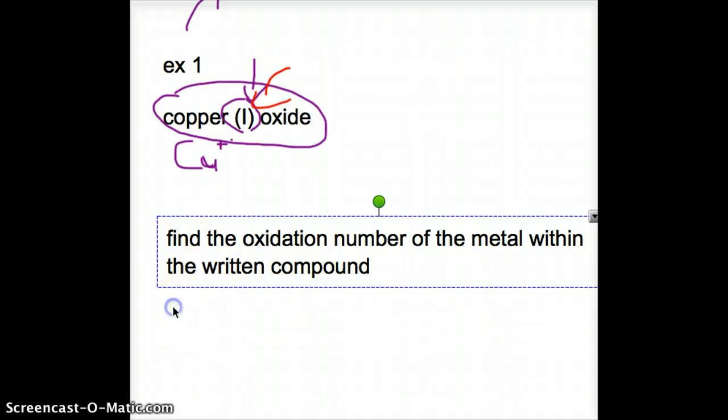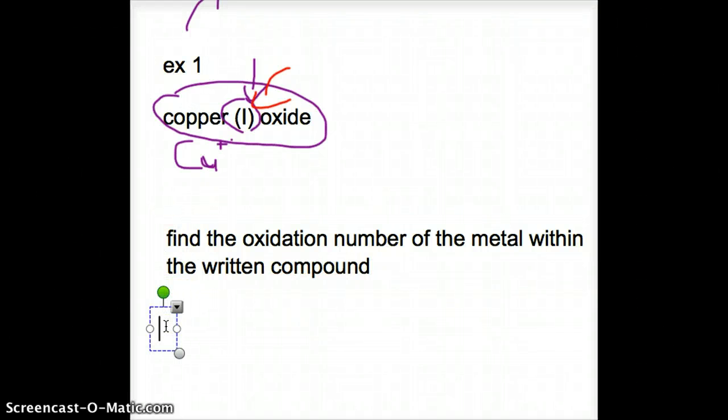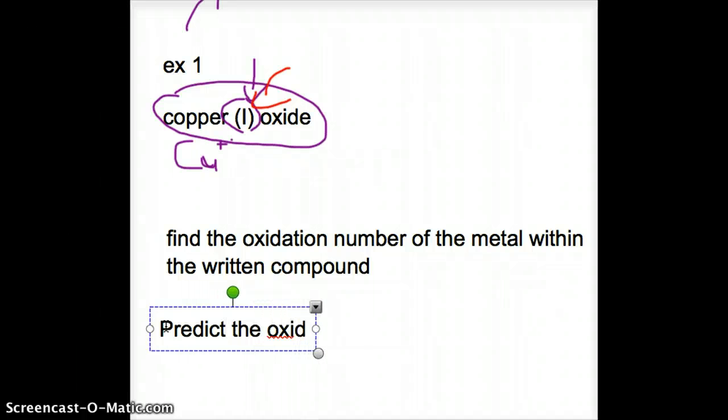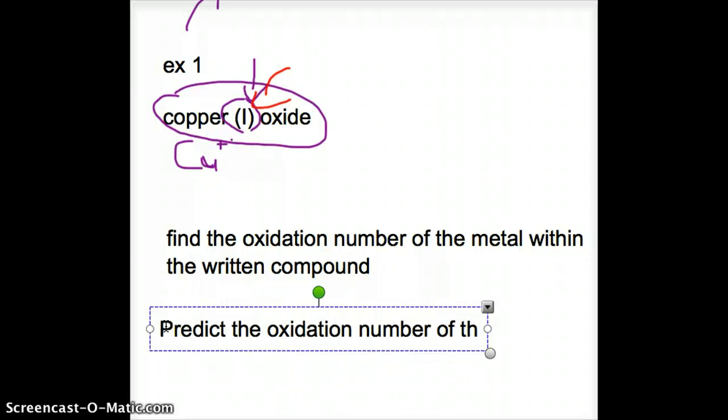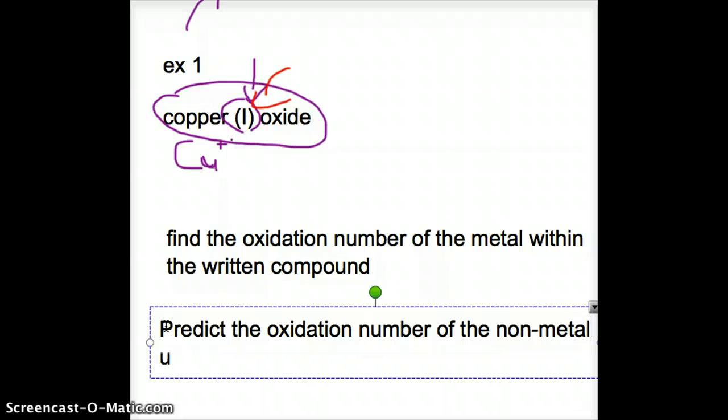And then our second step, in order to write a chemical formula of a multivalent metal ionic compound, is that we have to predict the oxidation number of the nonmetal using the periodic table.